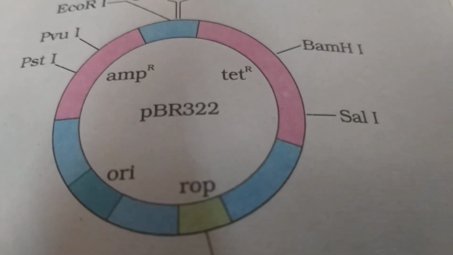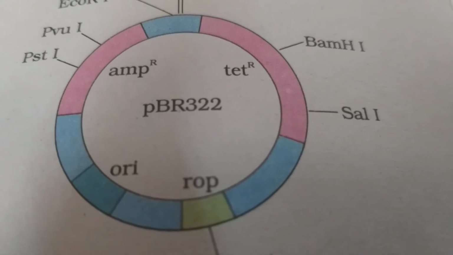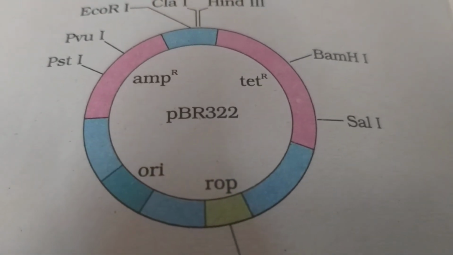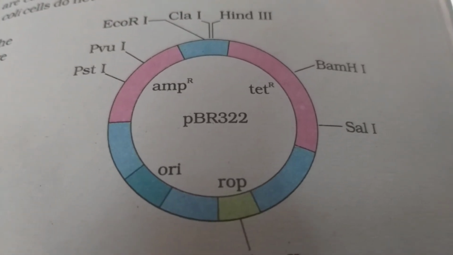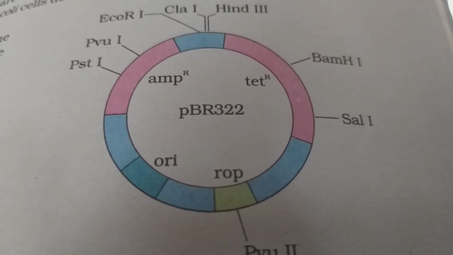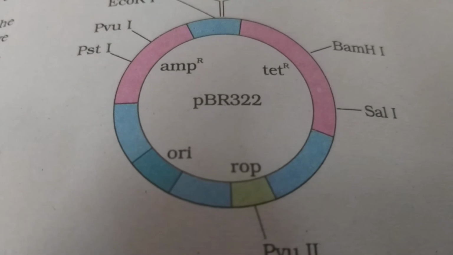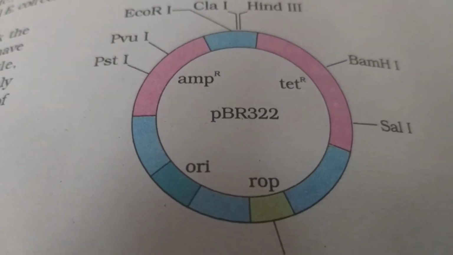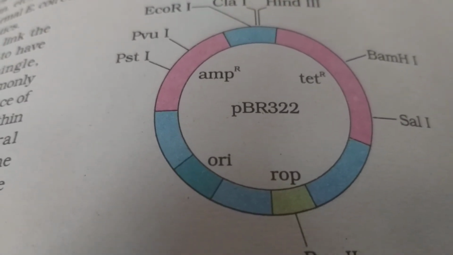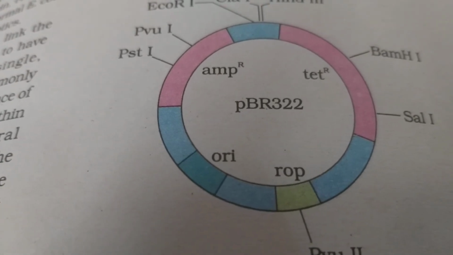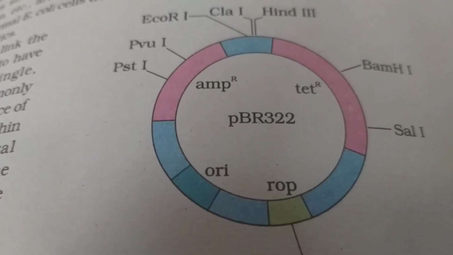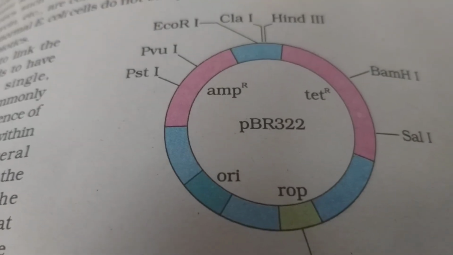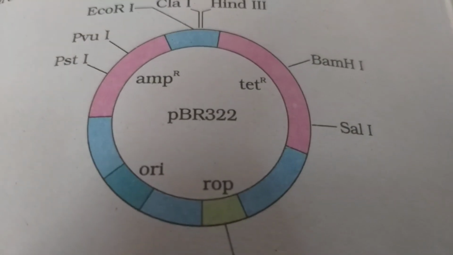Try to understand: when a foreign DNA is linked at a restriction site within the selectable marker, that is the antibiotic resistance gene, the cloning vector loses resistance to that particular antibiotic.